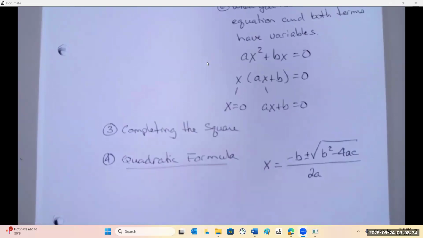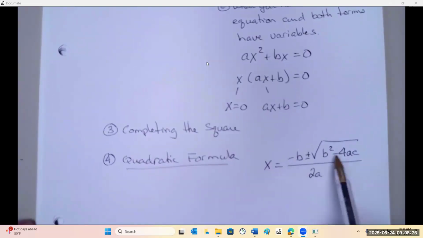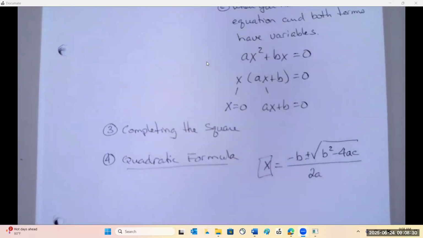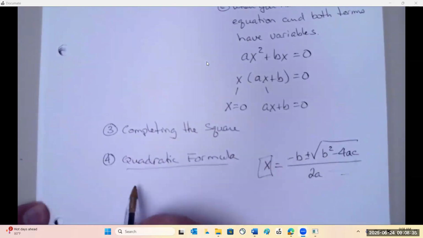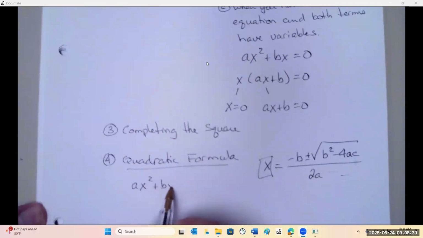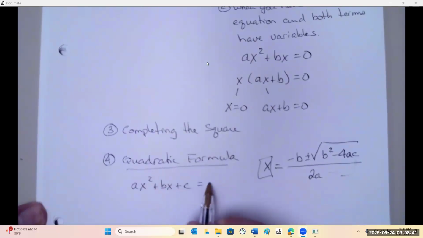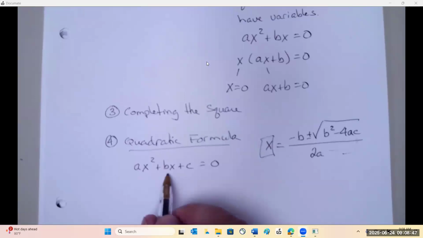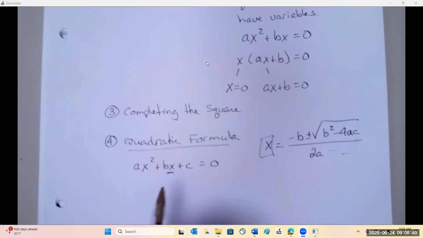Remember, the only x you have is what you're solving for. There is no x there. It's only the coefficients, because in your equation you have A, B, and C there. So whenever you use the quadratic formula, you're always solving for the middle variable.